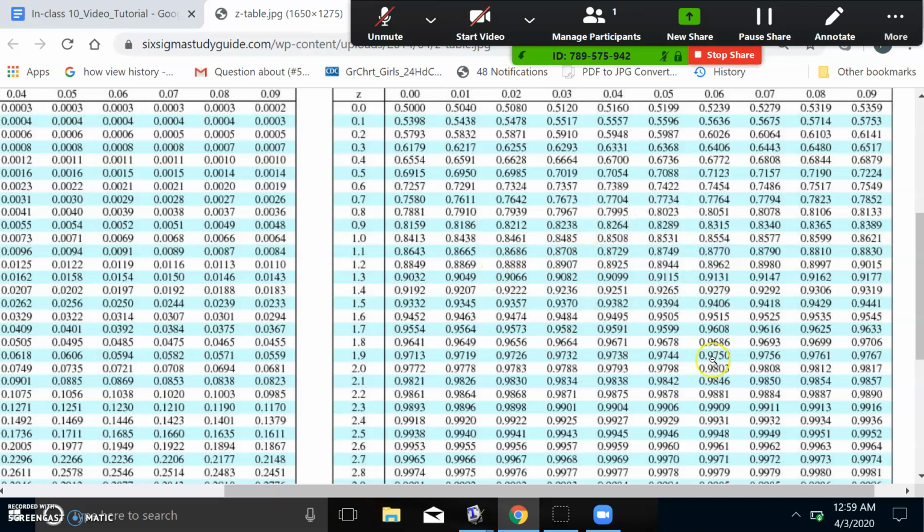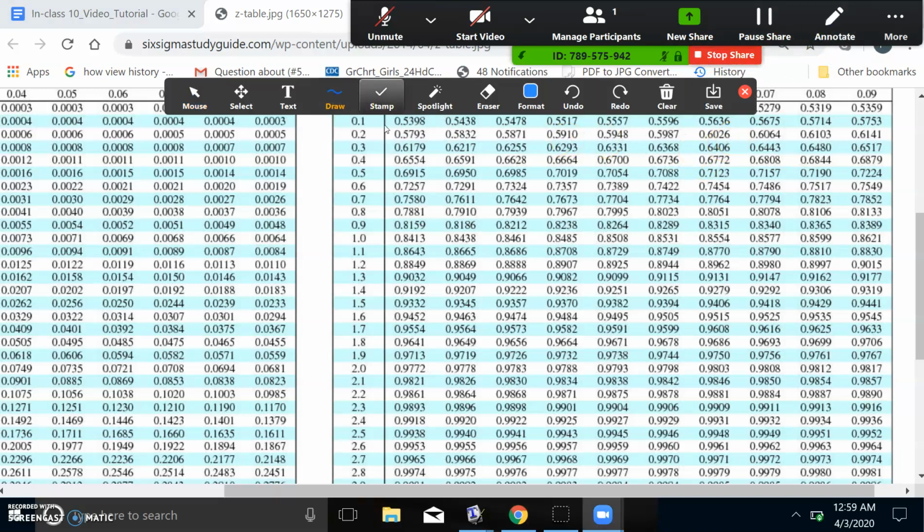Looking for something as close to 0.9 as possible, you can see right here these two values are the closest to 0.9, and they're both on the 1.2 level, and above, one's at 0.8, one's at 0.9.